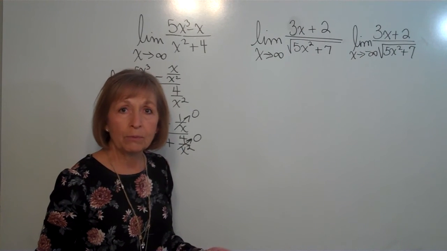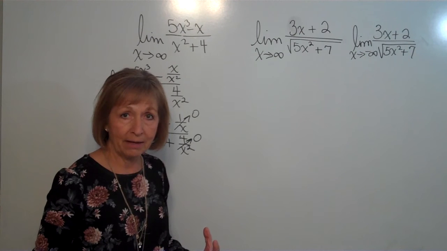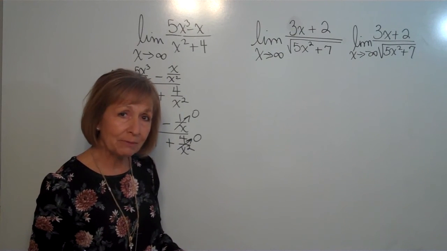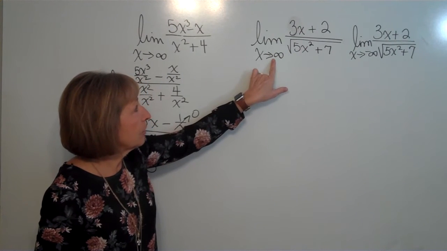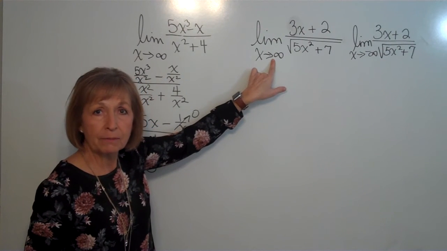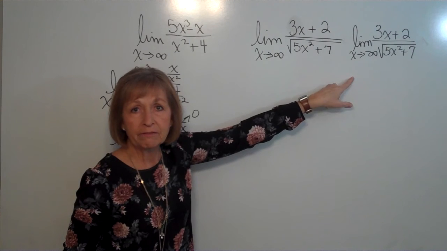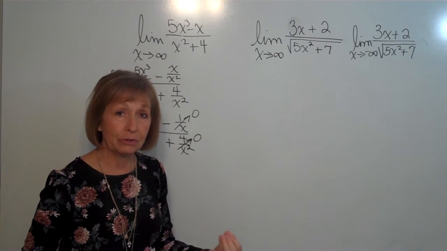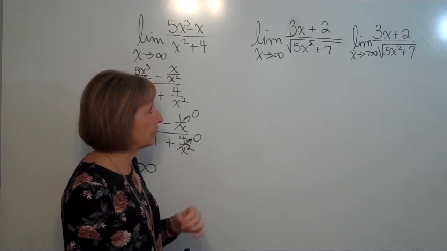So that would be where my overall effect of my power is like to the first power. But I have to be careful. Now you have to pay close attention to whether your x is going off to positive infinity or negative infinity when you're looking at your simplification of your square roots or even indexed roots.